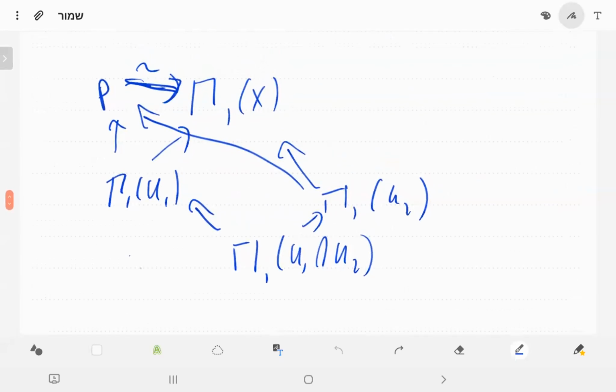Wait a second. You didn't prove that the push out exists. Of groupoids? Yes, I did say it, and I did say that if the groupoids are connected, if they're BG, then it's simpler, it's just an amalgamation product.